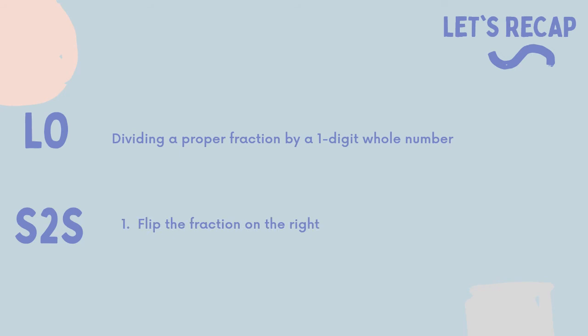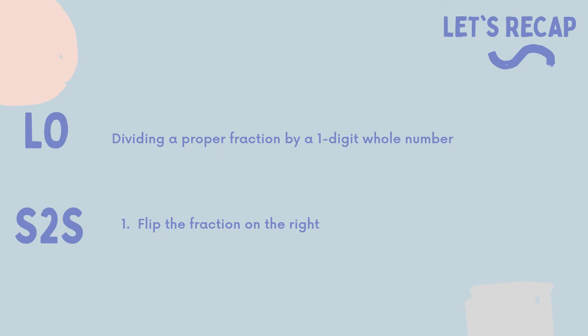Let's just quickly recap our LO and S to S for today. Today, we are dividing a proper fraction by a one-digit whole number. Our steps to success for today, the first one is flip the fraction on the right, but before that you need to change the whole number into a fraction first. It's just out of 1.